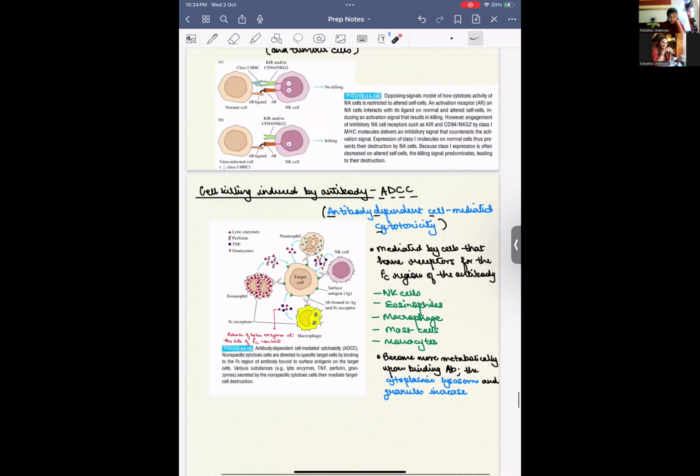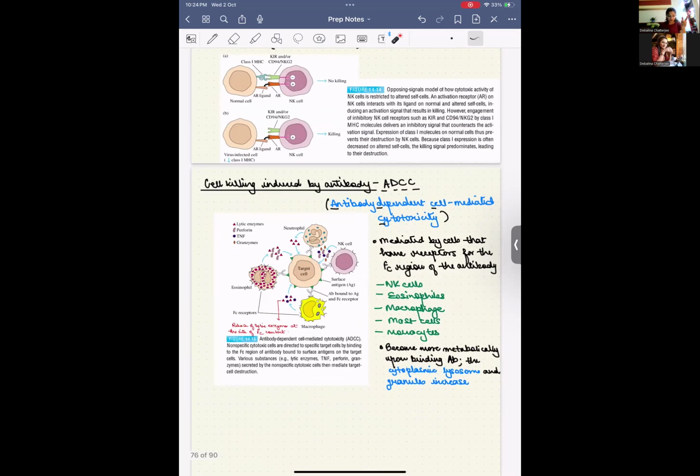This mechanism involves the antibody molecule, and that is why the phenomenon is known as antibody-dependent cell-mediated cytotoxicity.